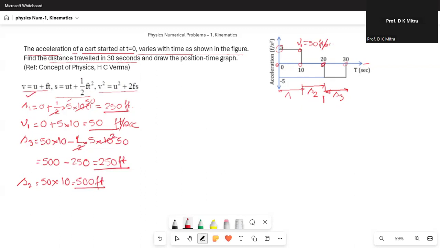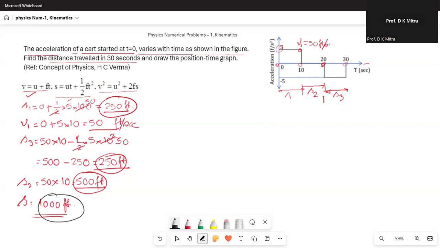So this is S1, 250 feet. S2 is 500 feet. S3 is 250 feet. So total distance traveled is 1000 feet. So this is the answer. So this is one answer.